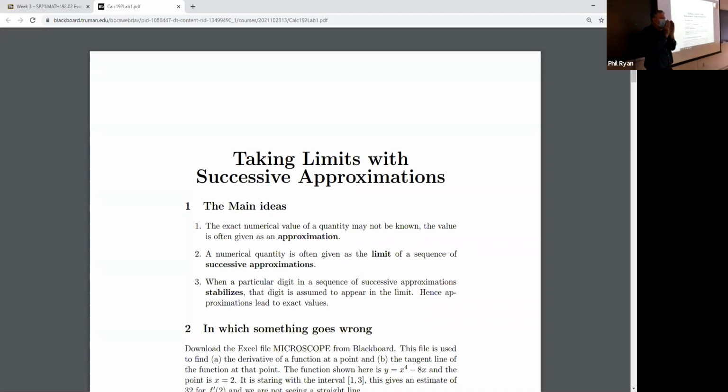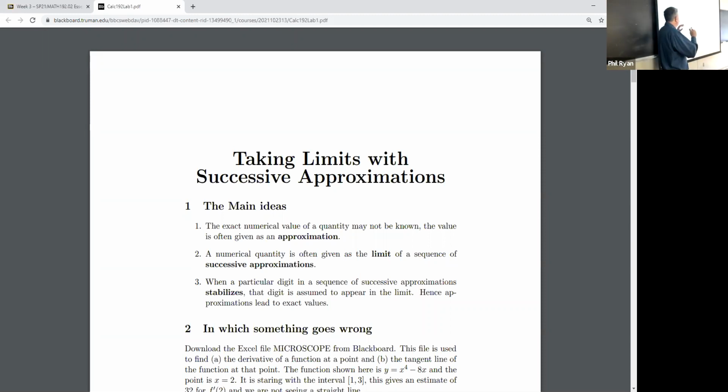Really, in taking a limit, you should take it more than once, and you should check that you're getting good answers. That gives you another question, right? What do I mean by a good answer? And this is the answer: stabilize. You see an answer that stabilizes.